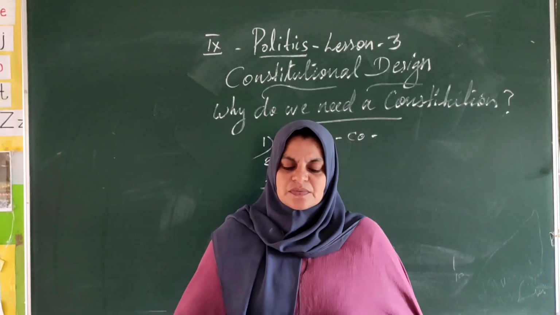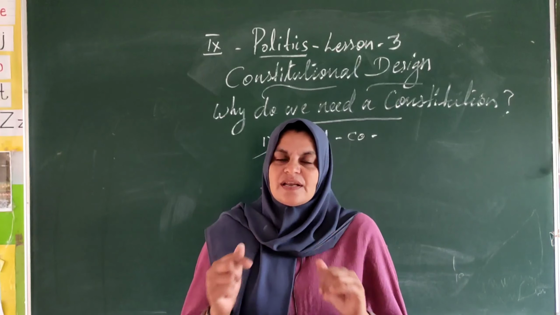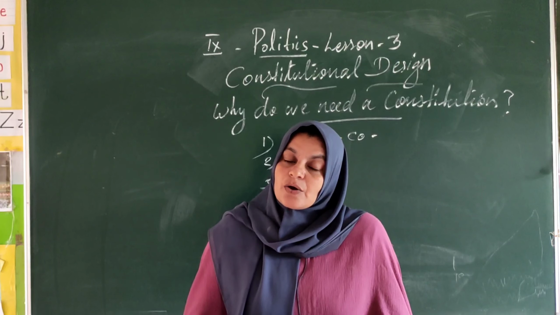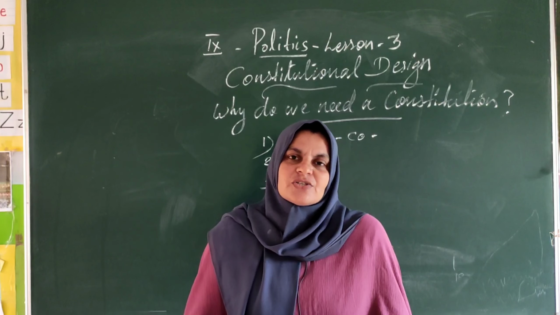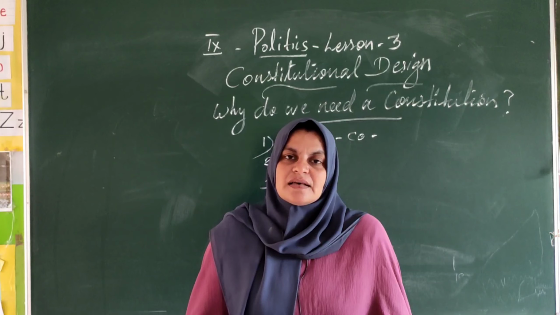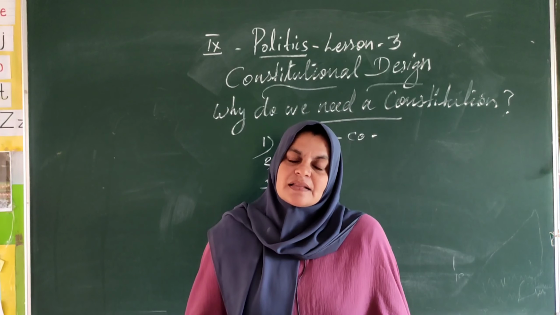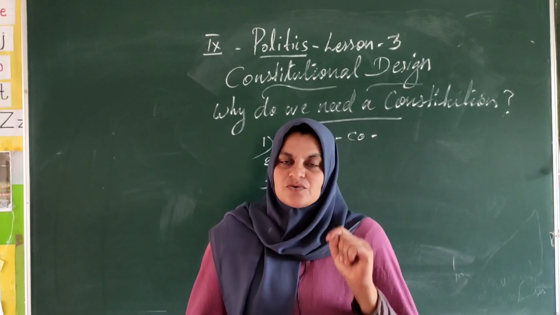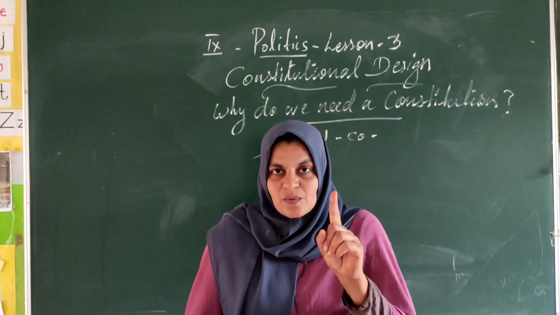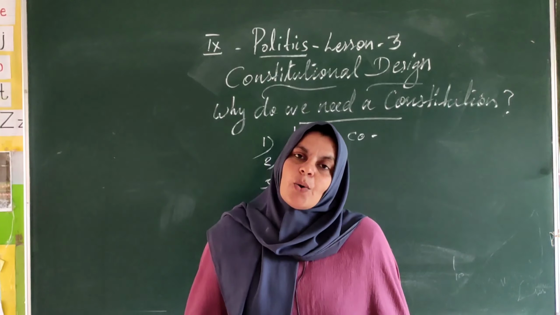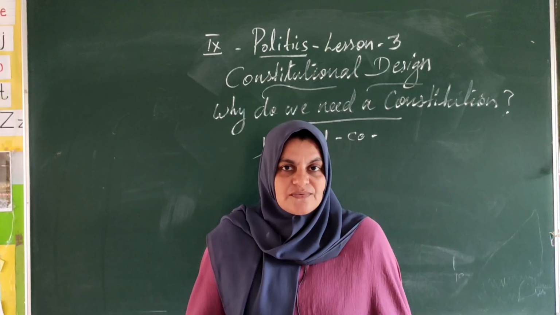Mutual trust and coordination, unity, it is needed because there are different levels of people, different religious groups, linguistic differences, regional differences. So all these people are living together in one country, under one umbrella. So trust and coordination is needed. I think you got the first point.